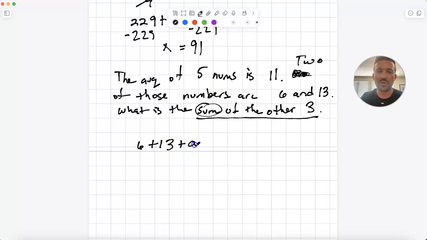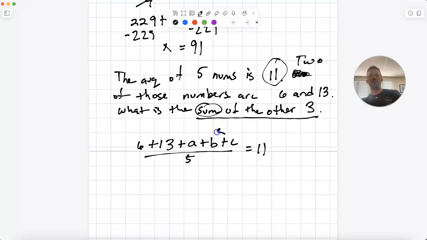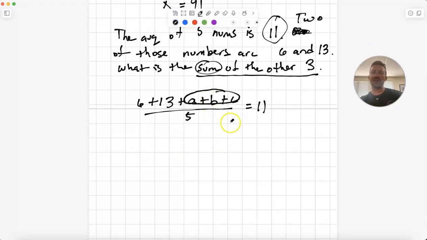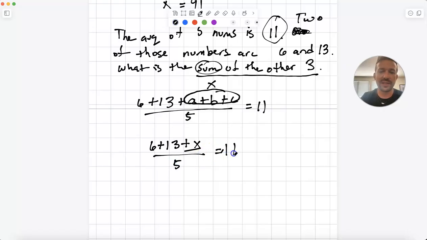So you might think the other 3 added together, if I divide by 5, should be 11, because that's the average. Well, we want the sum of these, which means they're all added together, so I don't need to think of them as different numbers. I can just do 6 plus 13 plus x, because x is all of them added together, divided by 5 equals 11. And we just need to go about solving for this.